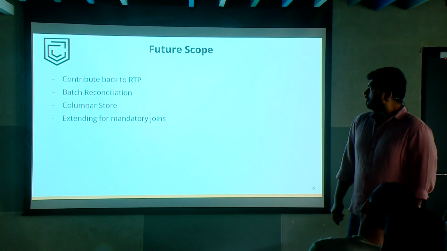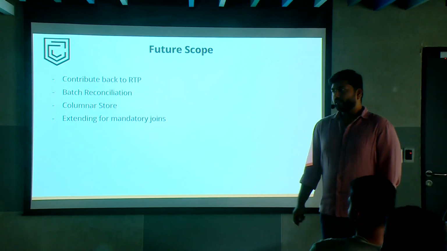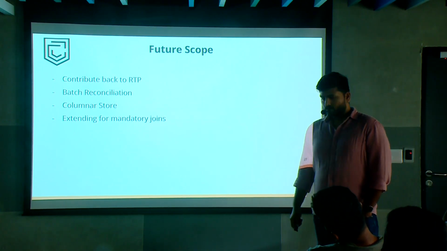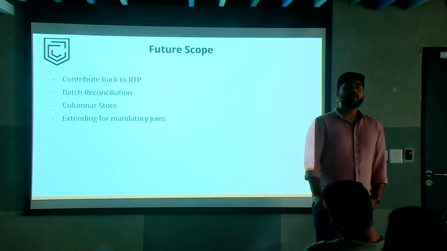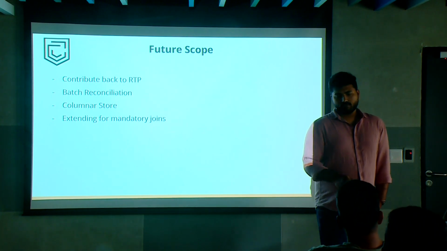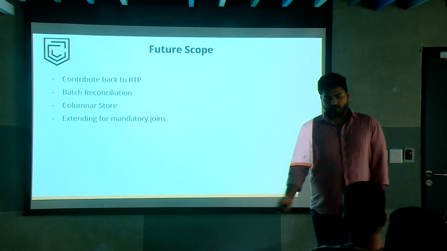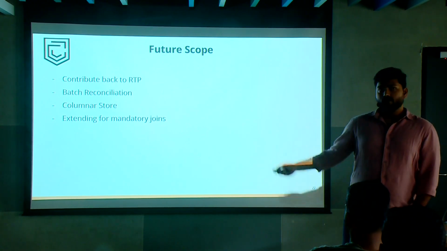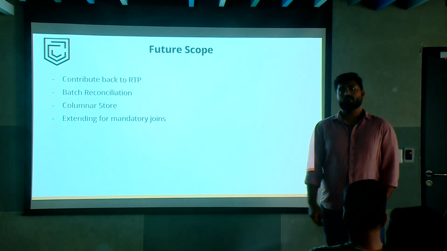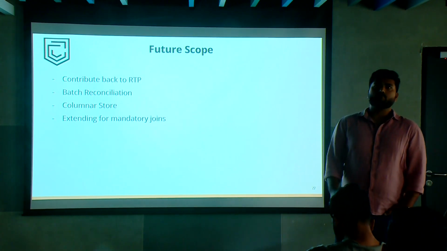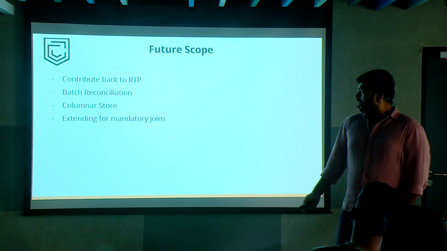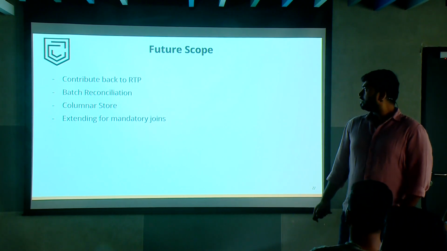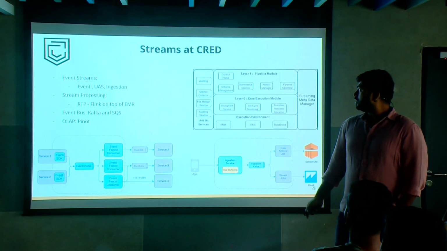And what we can then do is use those columnar stores as a state store to do any kind of join, which could be mandatory also, where either of these streams could be delayed. So basically it's going to act as a fast upsert store also. Yeah, mostly that is what I had to cover.